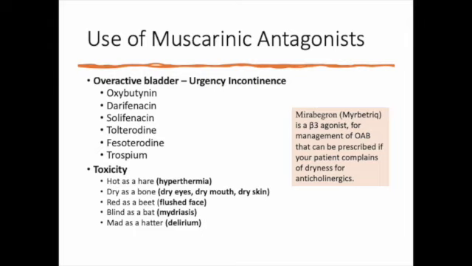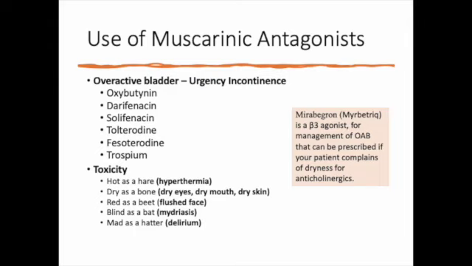But we're using these drugs to stop this urge incontinence or urgency incontinence, which is what is describing overactive bladder. And so the pathophysiology of this has to do with addressing the four major symptoms of overactive bladder or urgency incontinence. We're trying to limit the urinary urgency, which is that sudden desire to urinate.